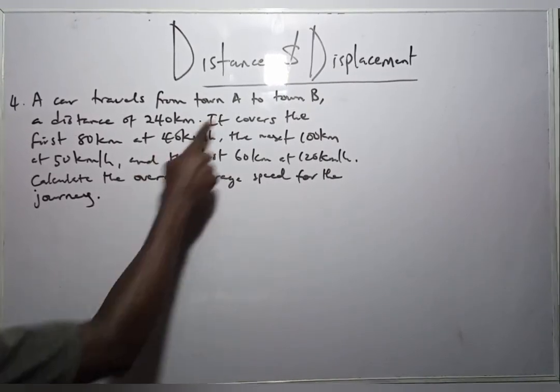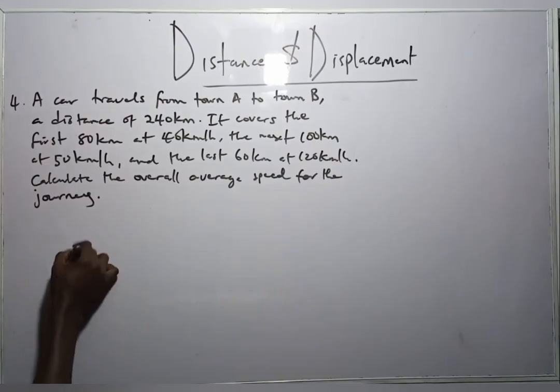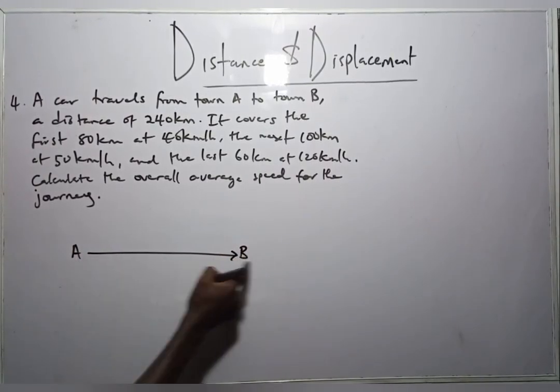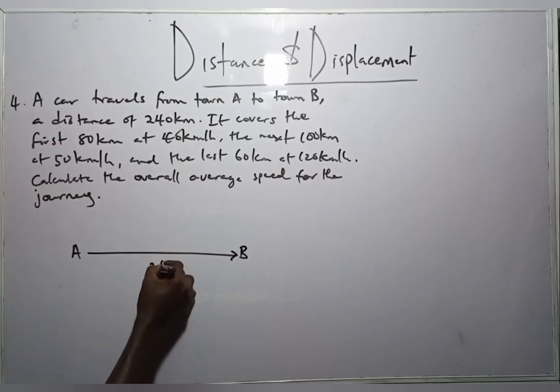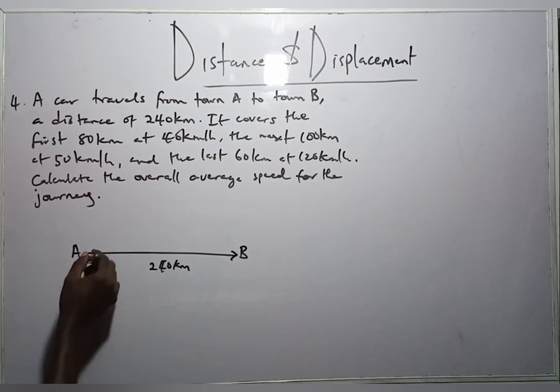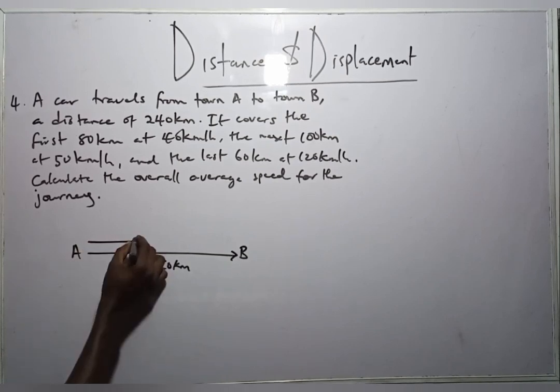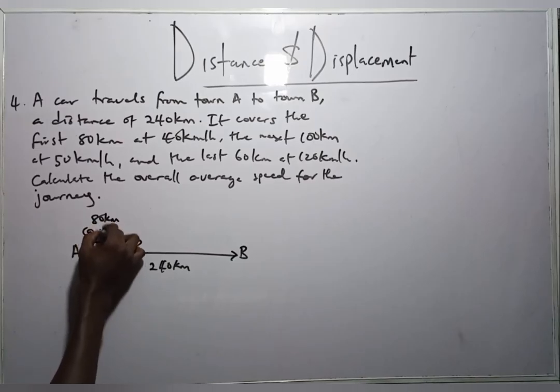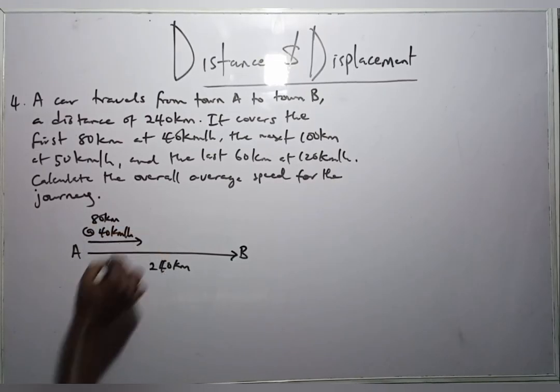So if the car goes from town A to town B, we represent it this way. The total distance of the whole journey is 240 kilometers. That's the total journey. But he divided the whole journey into 3 segments. The first part of the journey is 80 kilometers at 40 kilometers per hour.